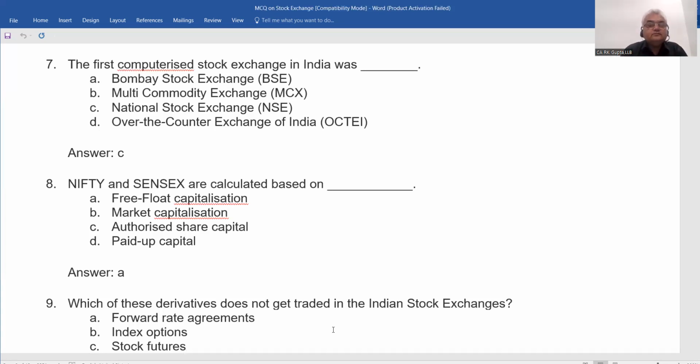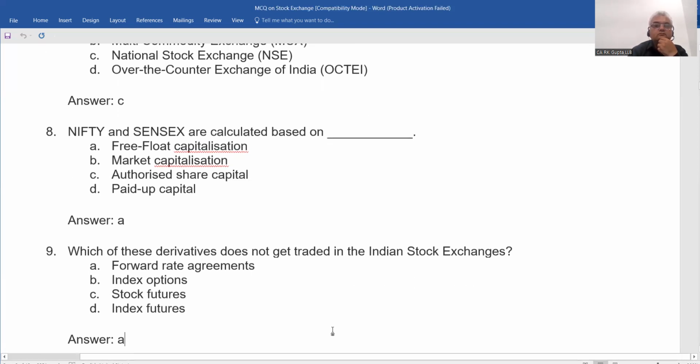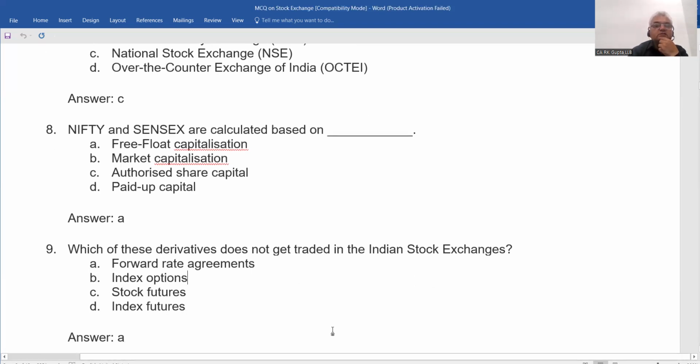Okay, then free float means, free float is available for trading. So all shares might not be available for trading. Yes. I think. Acha.